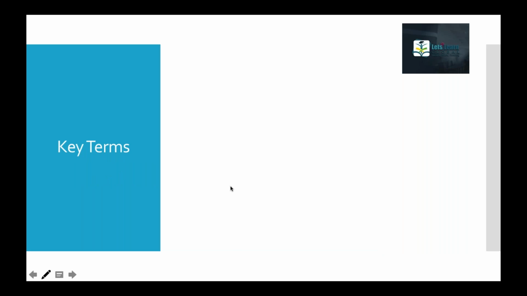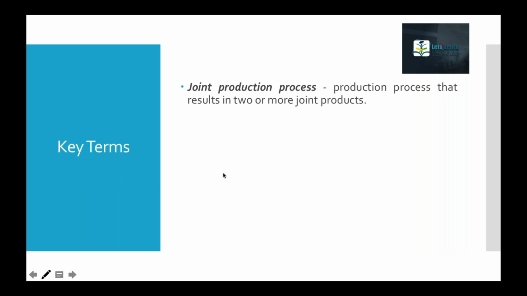Before that, we'll learn some basic definitions. Joint production process. Joint production process means two or more products are produced in a joint operation. Say for example, this is a joint operation. From this joint operation, we identified that we received two different products.